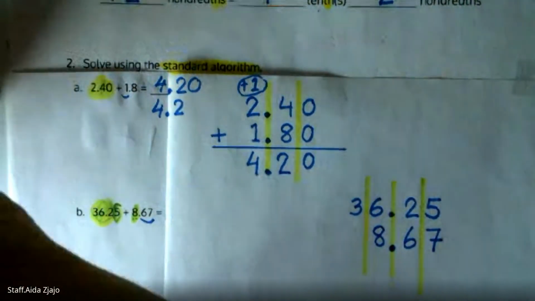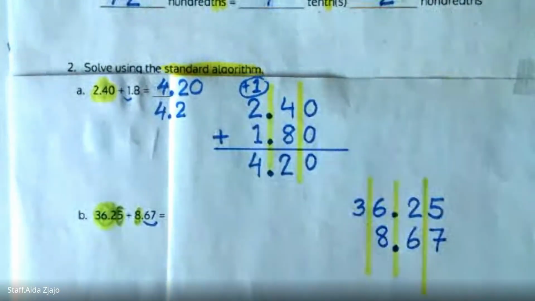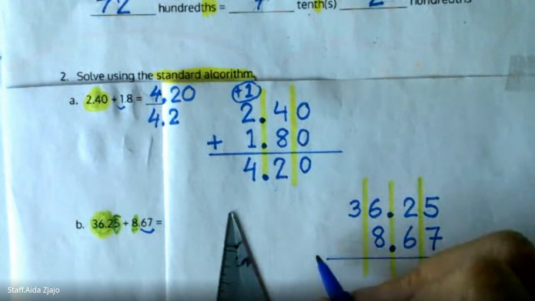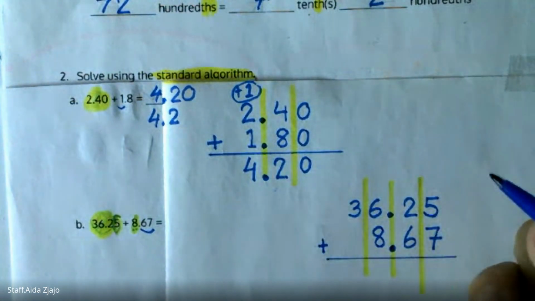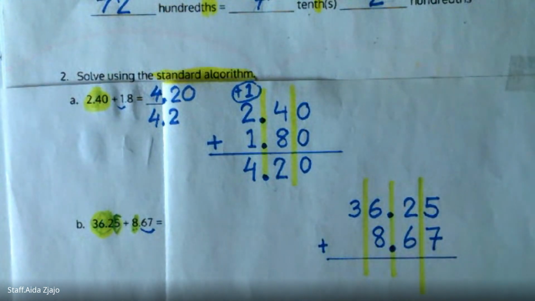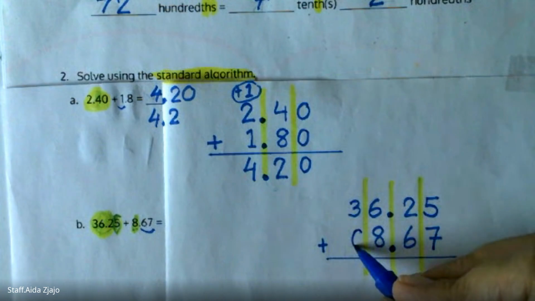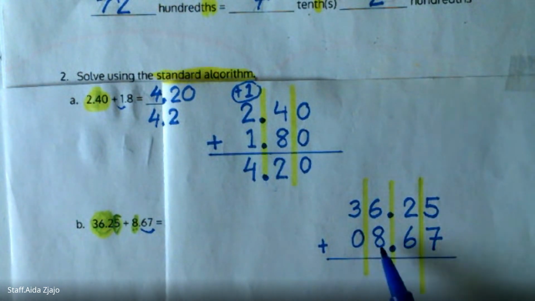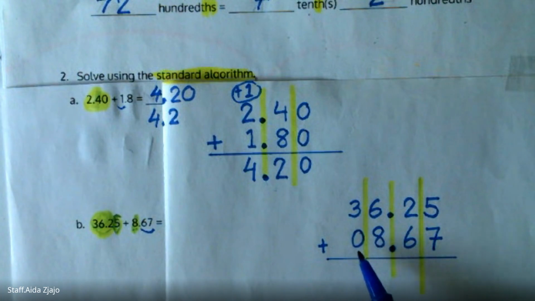Now we can underline and add. Okay. $8 do not have any $10, so I can put 0 there if I want. That is the same thing. It's a placeholder, empty, because 8 ones do not have any tens.